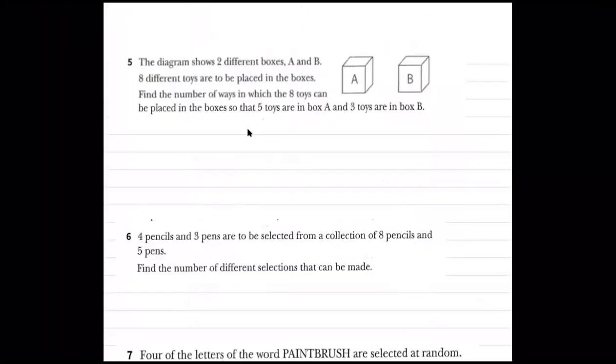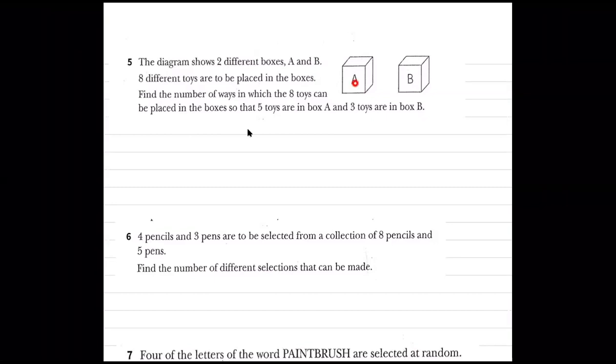Okay. This question. The diagram shows 2 different boxes A and B. 8 different toys are to be placed in the boxes. Find the number of ways in which the 8 toys can be placed in the boxes so that 5 toys are in box A and 3 toys are in box B. You have 8 toys in total.